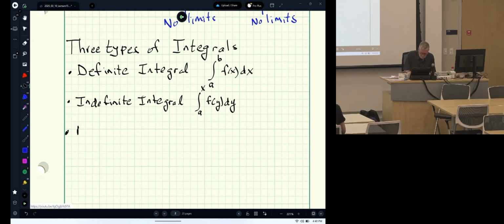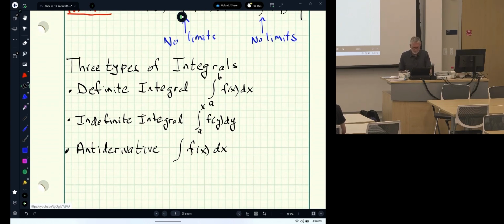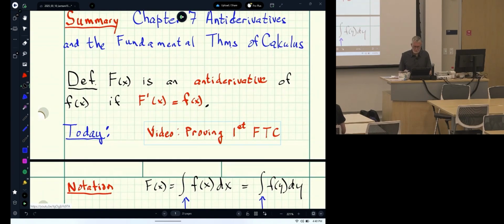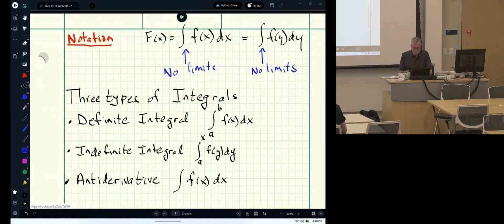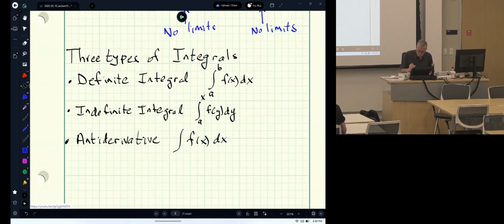And then we have the antiderivative. No limits. And it's also a function because by definition, the antiderivative is a function, capital F of x, whose derivative is equal to what's under the integral, which is called the integrand.